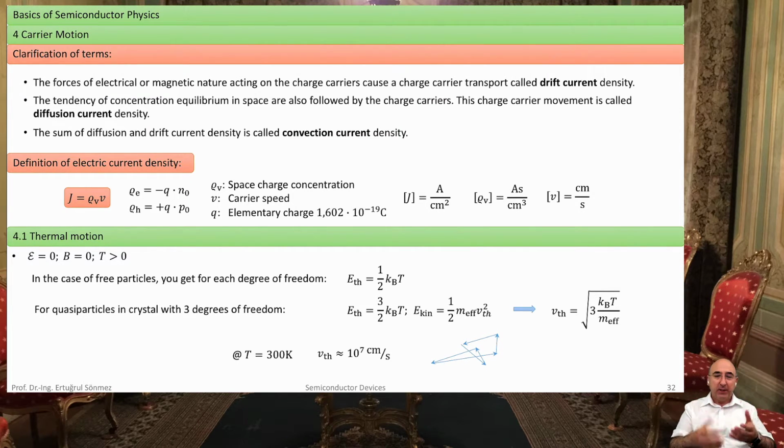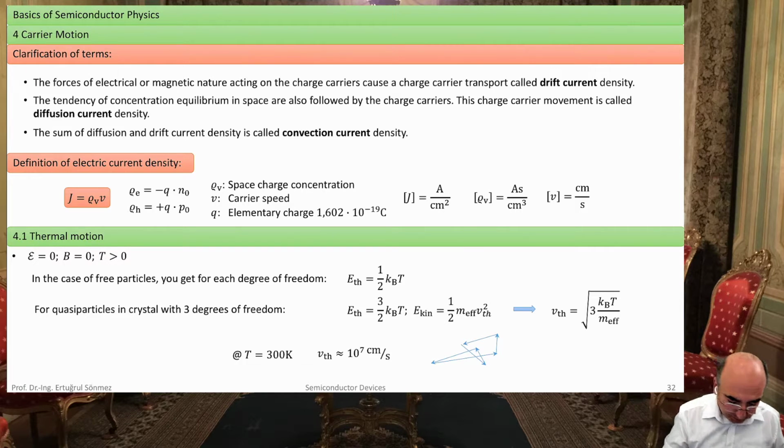Current, control of the current. Now we have the carriers. Now we have to learn how and why these carriers move. What are the mechanisms that push the carriers to movement? After we have learned the movement, we can calculate the current. So these steps we have to go through. Now we are on the step movement.